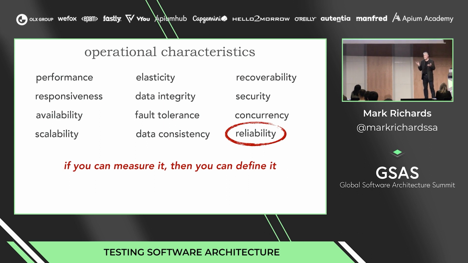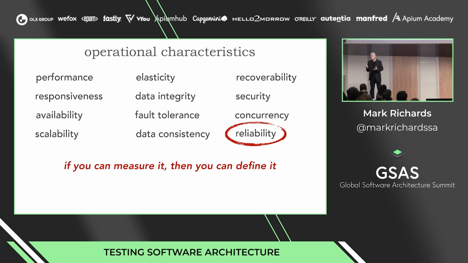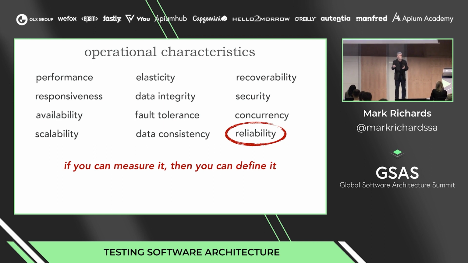How about availability? Is the system up when I need it? I can measure availability. How about when errors occur? Error rates. I can measure that too. How about when an error occurs? Did the system crash or did it recover quickly? That's fault tolerance. I can measure that. When I go to place an order and I get an order ID back and I go to query that order, is it what I ordered?